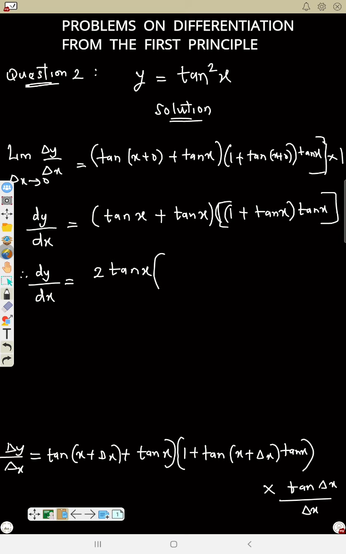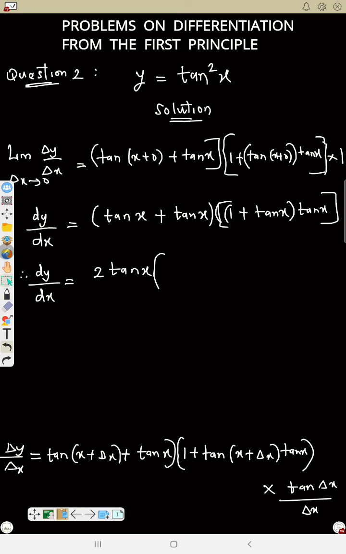This one is outside, so let me remove it. I'm doing this so that you can easily see what we are doing. This is one compound bracket, so I open another compound bracket. So 1 plus, let me do it this way, 1 plus tan s plus 0 tan x.